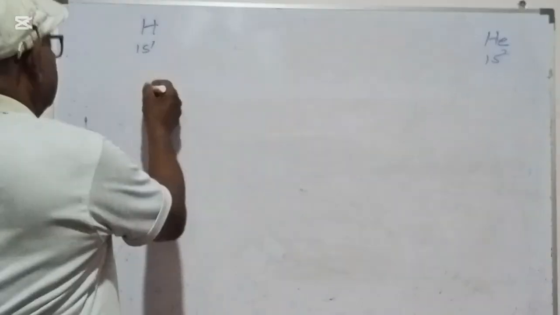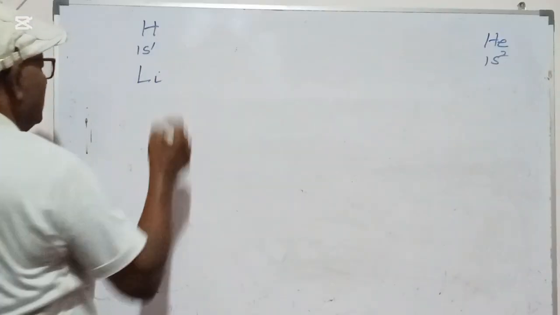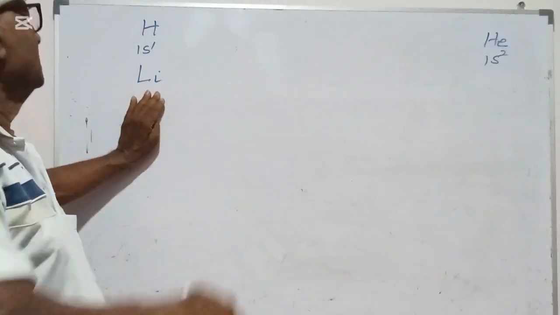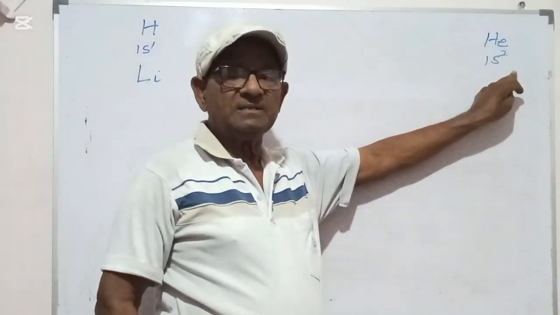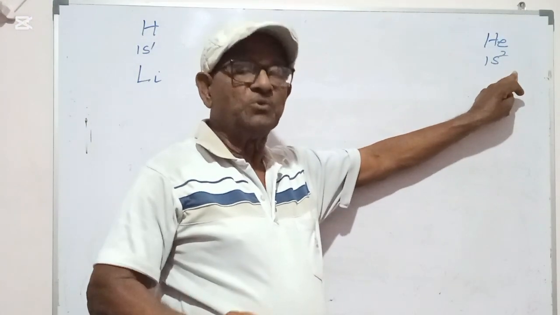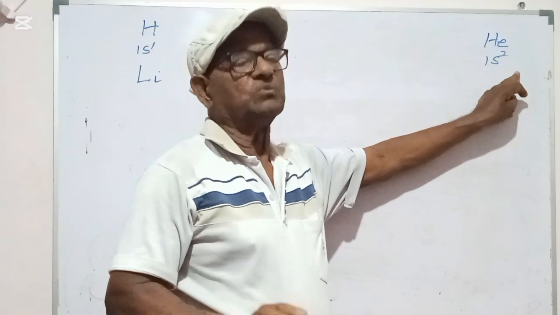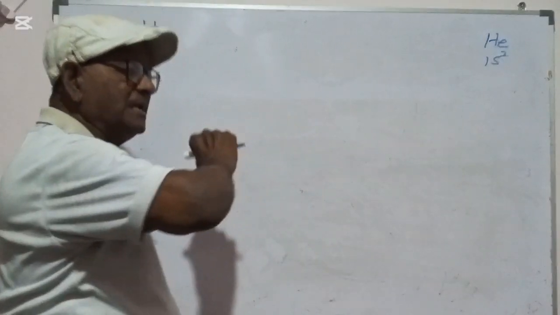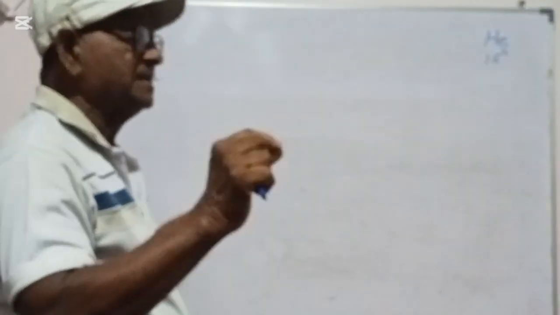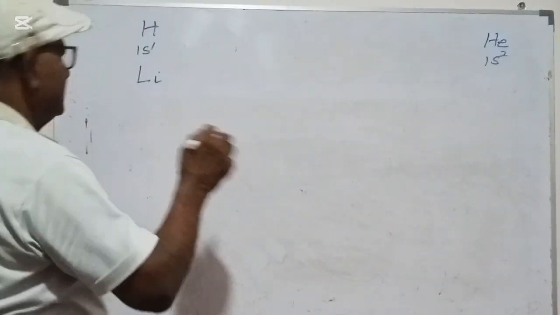Then lithium. Now all the atoms in this period have 1s2 filled, so there is no need to write the 1s2. I write only the filling orbital, the second orbital only, right?